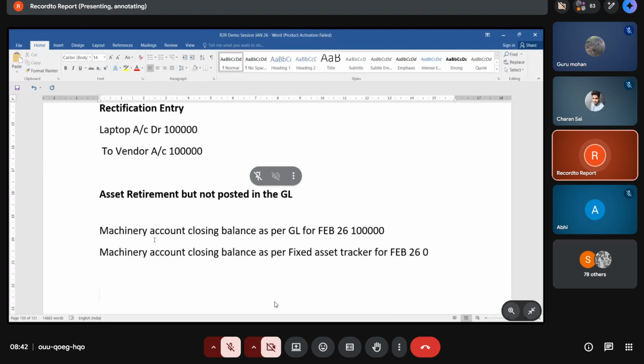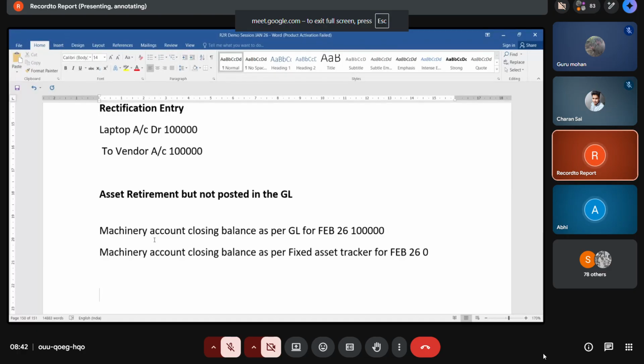So is the data maintained in the physical tracker matching the GL? No. What is the entry to be recorded for this? For asset retirement or loss, what is the entry?